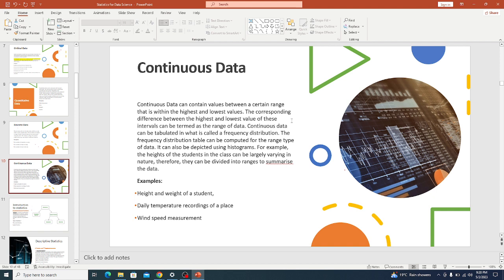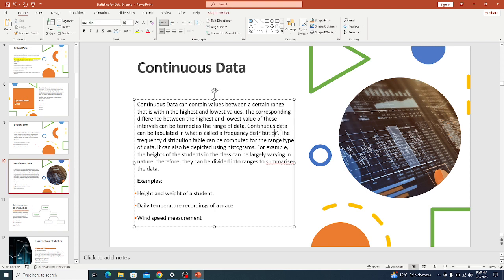The corresponding difference between the highest and lowest value of this interval can be termed as a range of data. Continuous data can be tabulated in what we call a frequency distribution table.